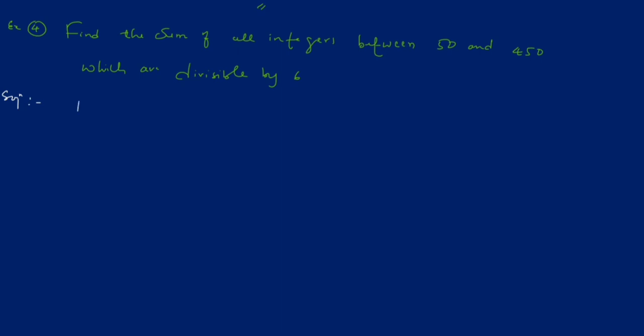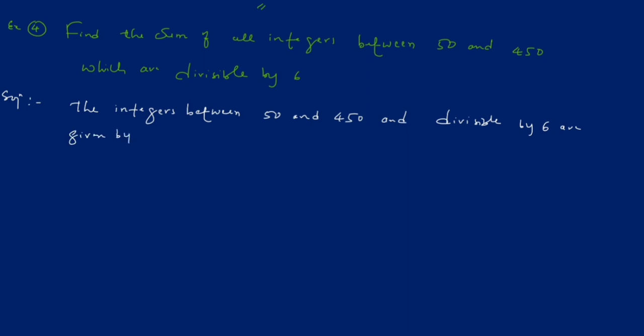So the integers between 50 and 450 and divisible by 6 are given by 54, 60, 66, 72, that is multiples of 6 only, right?